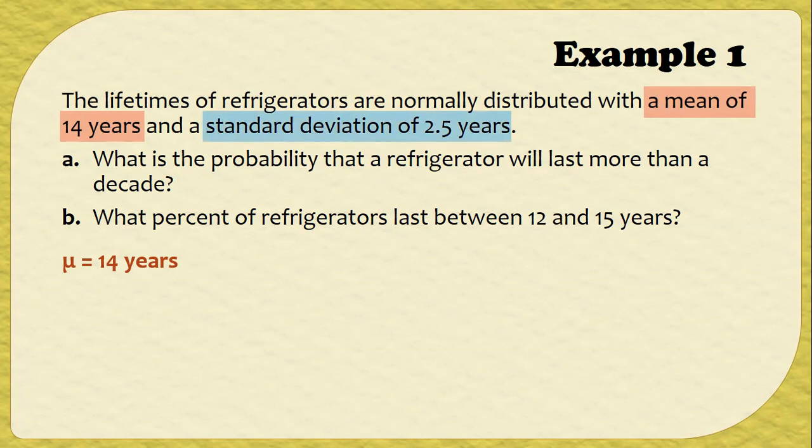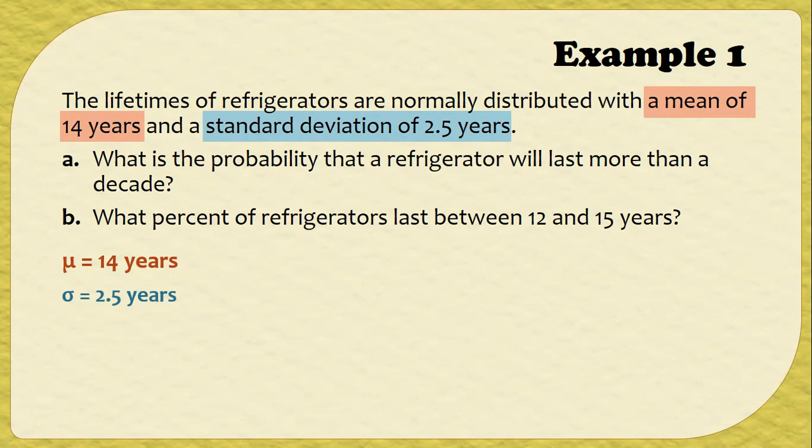Again, this is about a population, so I'm going to use the population symbol for standard deviation, which is going to be sigma. So sigma is equal to 2.5 years. Okay, so now that we have that global information summarized, we can proceed to read through part A.